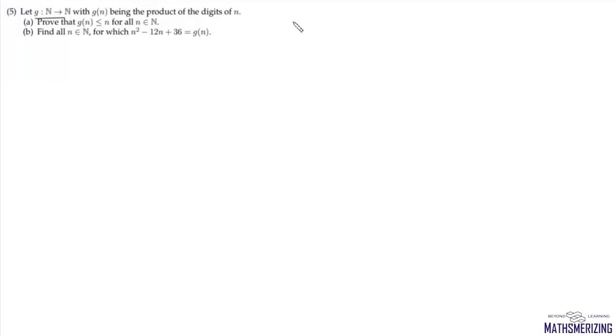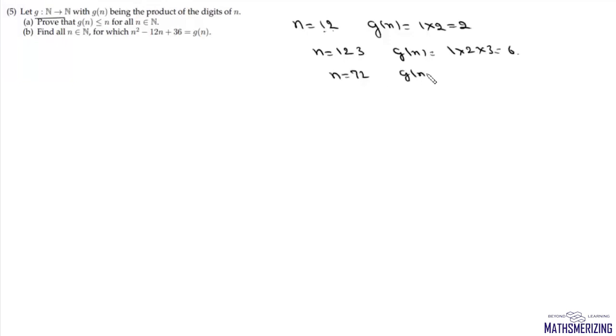Now suppose we have any number n, say 12, then this function g(n) is defined such that we are going to multiply these digits 1 and 2, so it will be 2. Suppose we have any number which is 123, then g(n) will simply be 1 into 2 into 3 and that is 6. So for any given number we can always find g(n), which is simply the product of all the digits. Now first part is we need to prove that g(n) is less than or equal to n.